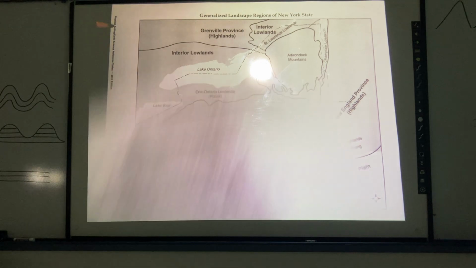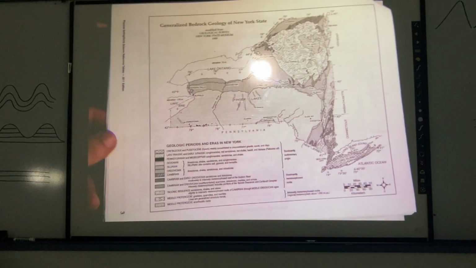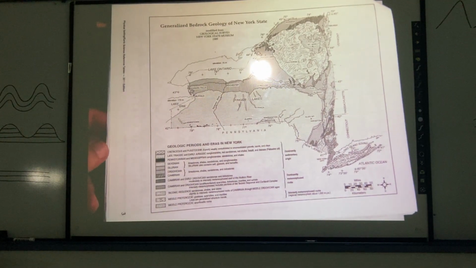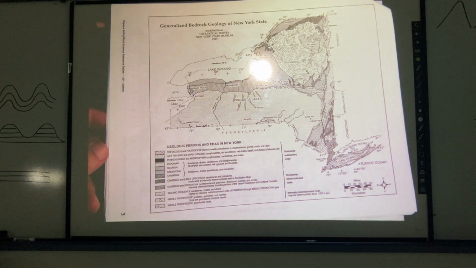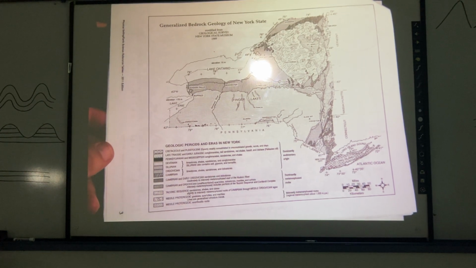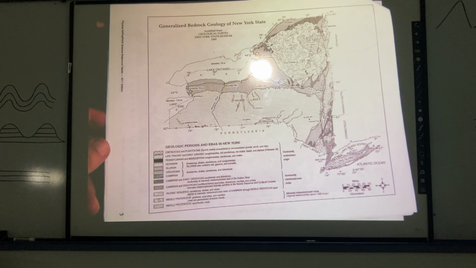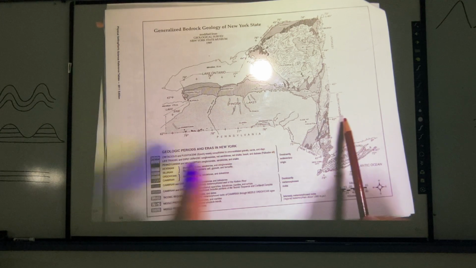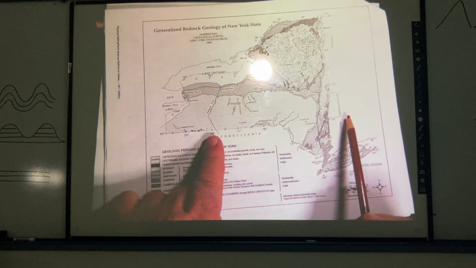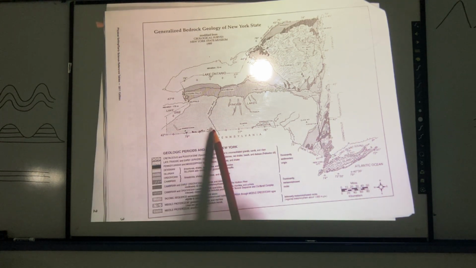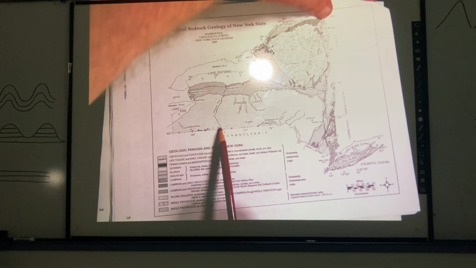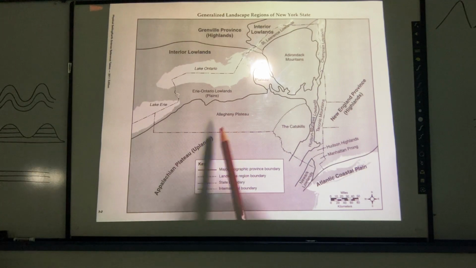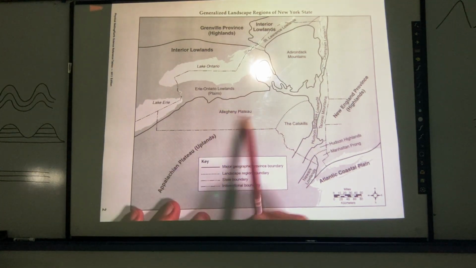Another possible question: let's say 42 degrees north, 78 degrees west, what landscape region is that? There's 42 degrees north right there, and 78 degrees west is right there, so that puts me right there. Then to see what landscape region that is, I go right there, and that's the Allegheny Plateau.